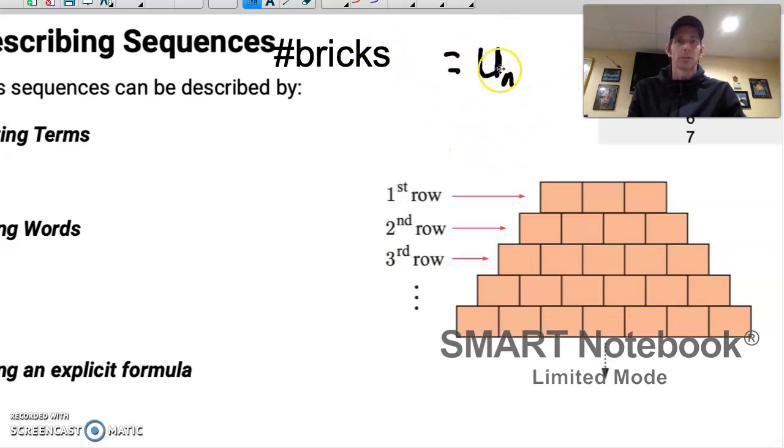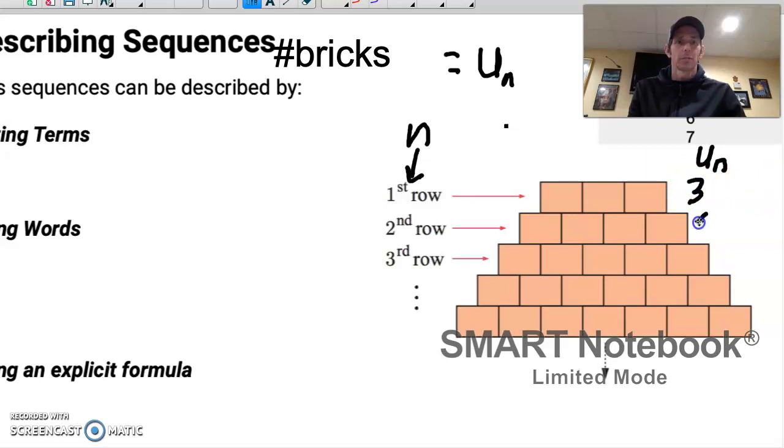So the number of bricks could be described by U sub n, and n could be our row number. So we have a row number, and we have U sub n. If I come over here and write U sub n, I could label this as 3 bricks in the first row.